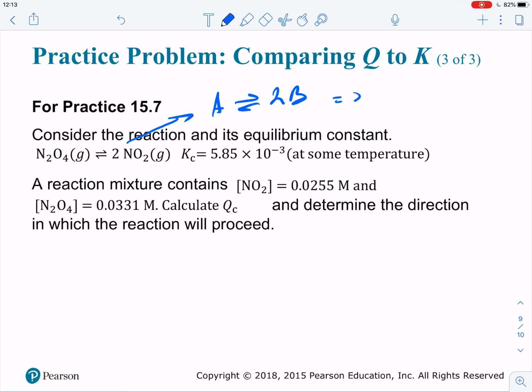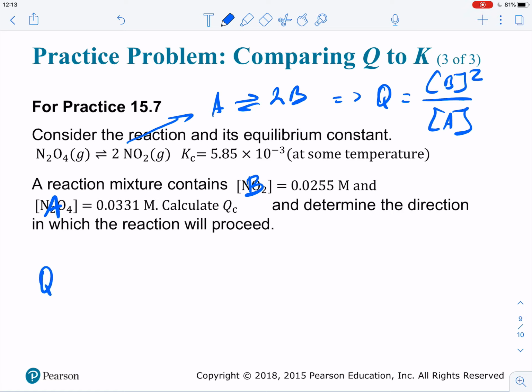Therefore, here Q or K is going to be equal to the concentration of B squared divided by the concentration of A, which means this is B and this is A. So you have to follow, okay? Again, if you feel comfortable with that, please do it. If not, then write everything that you see there.